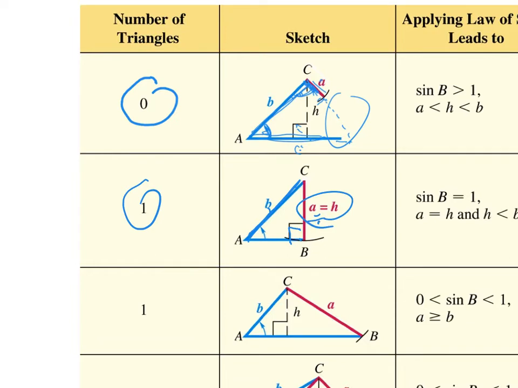It was the height of the triangle. It's the height of the triangle. And A in this case has to be less than B because the hypotenuse is the longest. So you only get one triangle. It's a right triangle, if it works out beautiful like this.